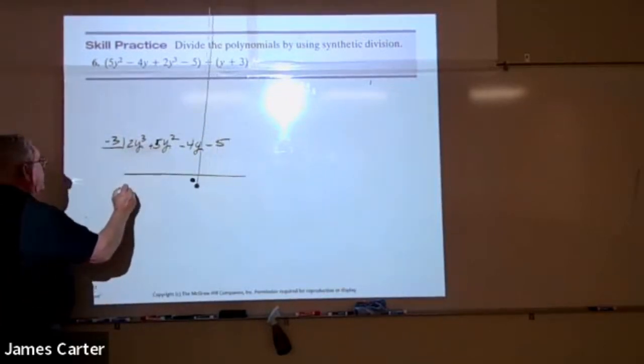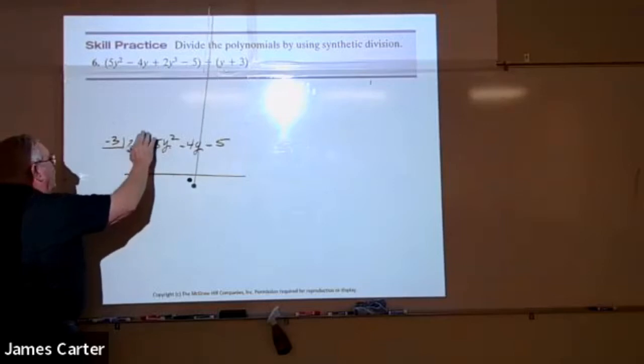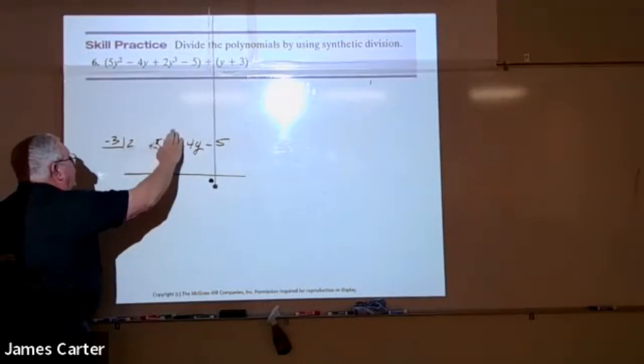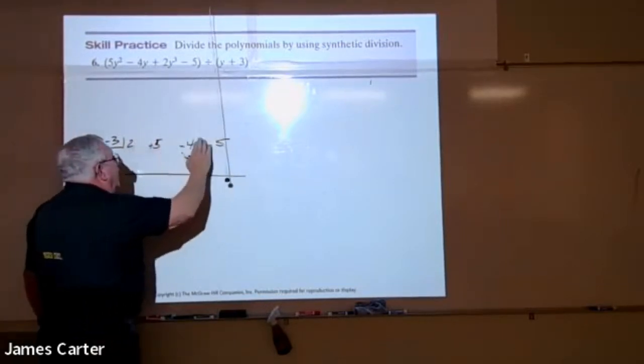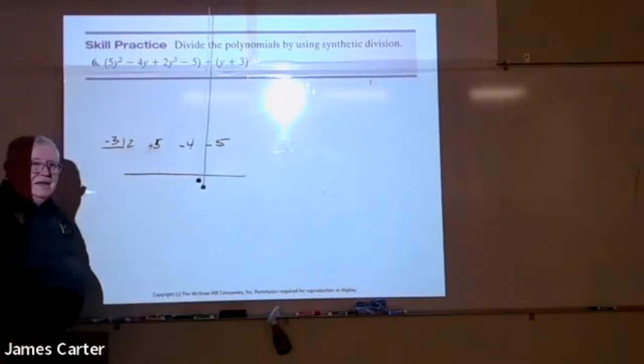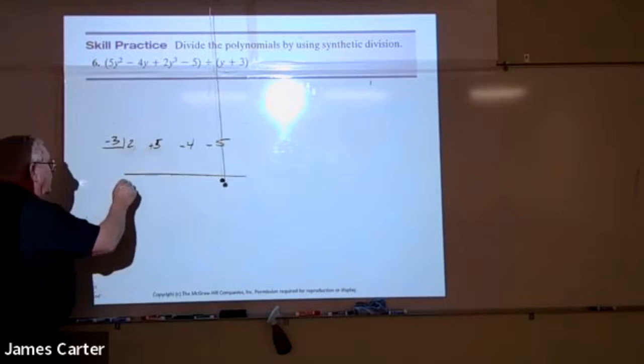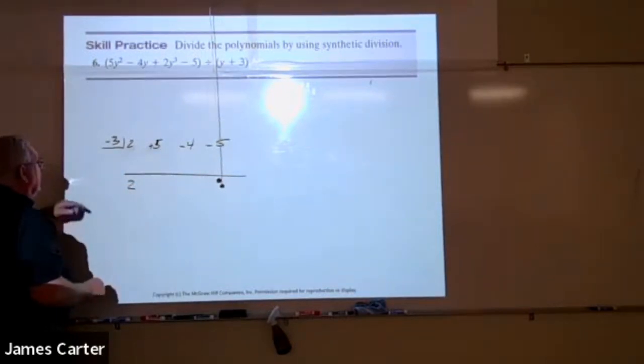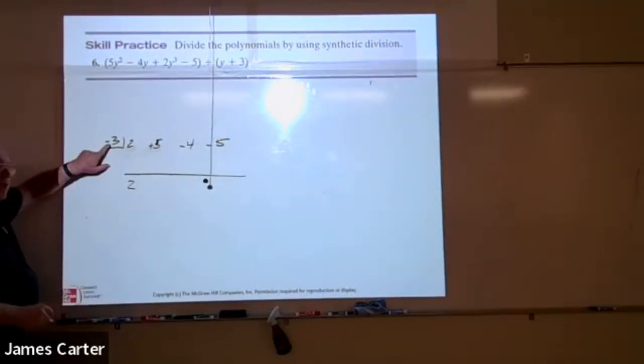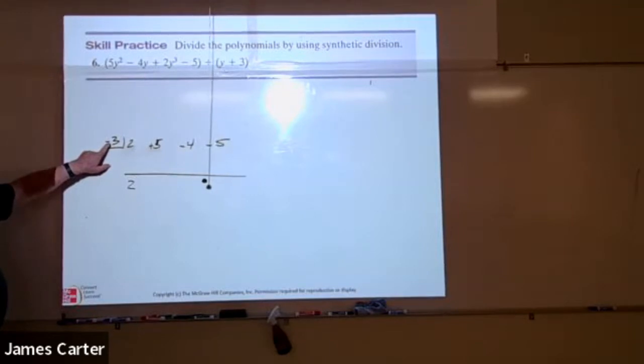So, bring this down. Oh, you know what? I don't need these, do I? So bring down the 2. I'm not going to do arrows this time. You figure them out.